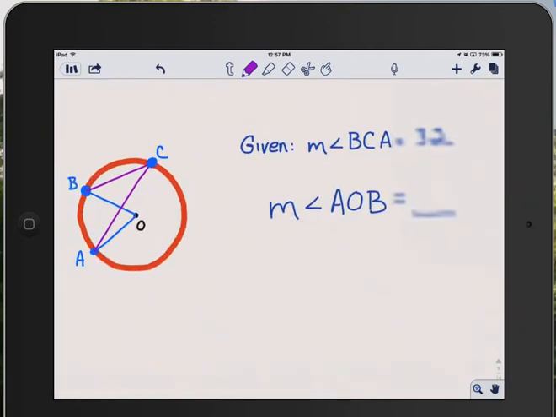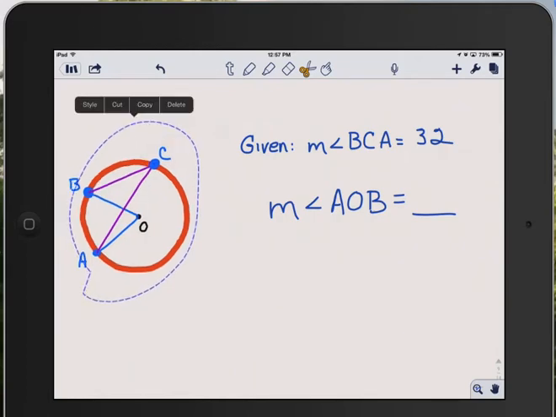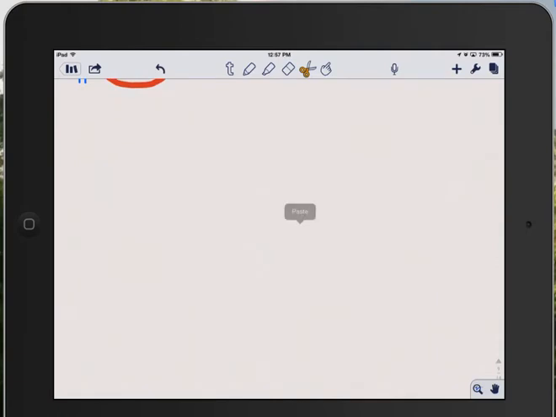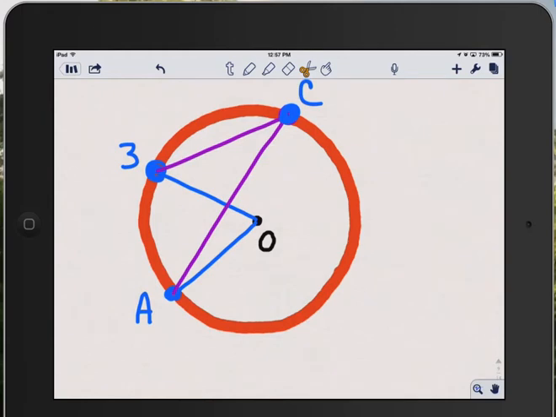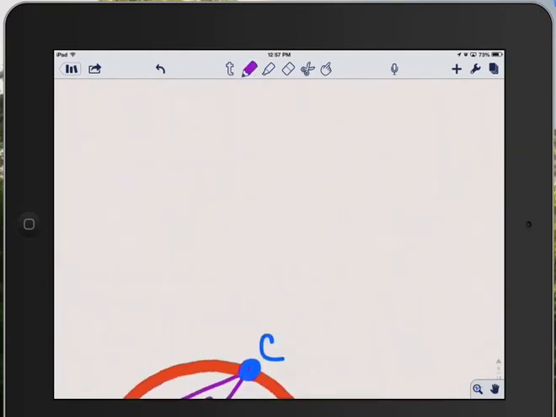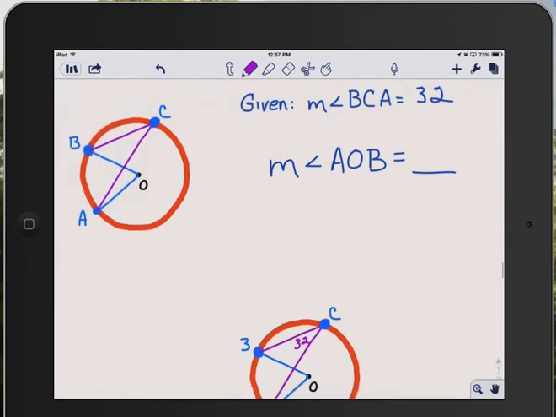So once again, I'm going to copy the diagram so I can erase part of it and still have my original diagram. The inscribed angle is now 32 degrees. I think it was 32, was it? Yeah, 32.